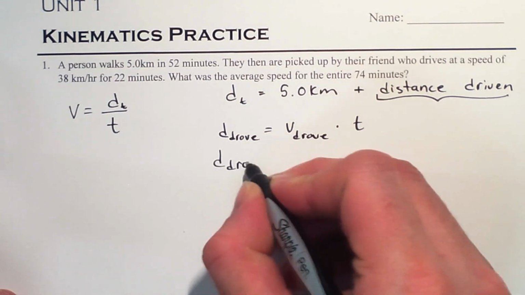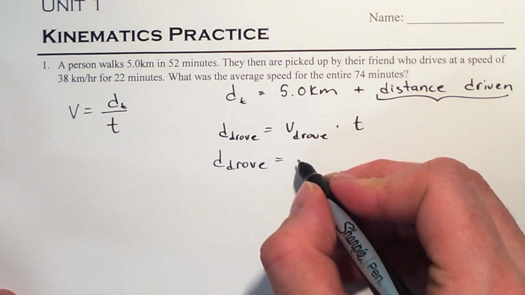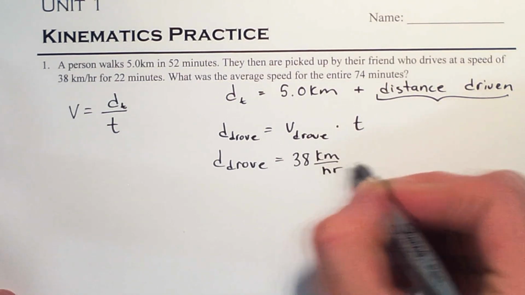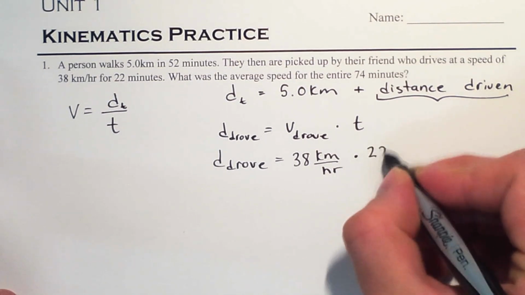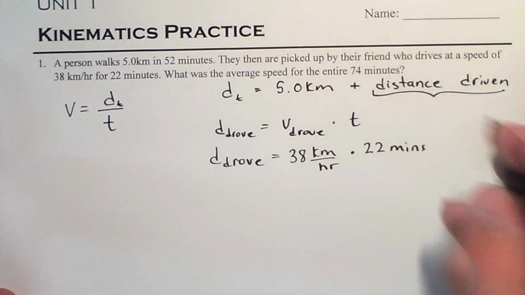The distance drove, or driven, is equal to 38 kilometers per hour times 22 minutes. Those units aren't going to work.